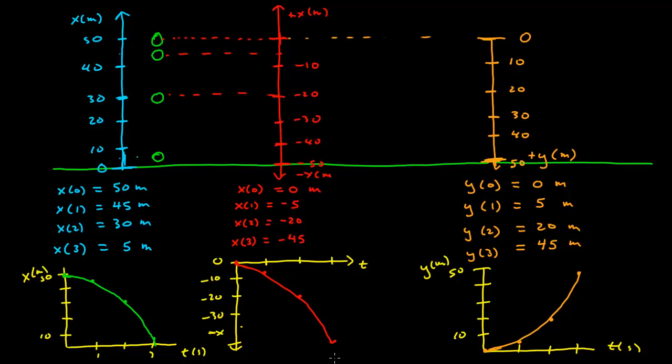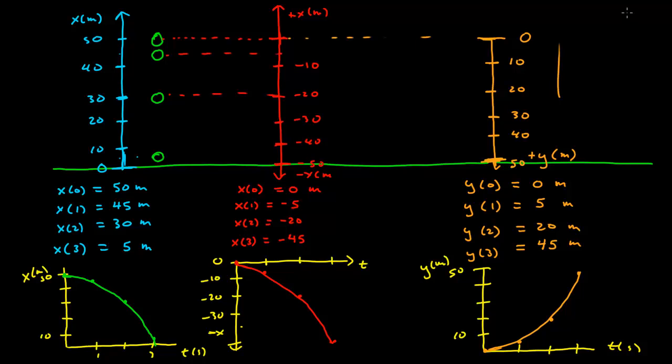A coordinate system is a way that we can take a picture of something and make quantitative information from it. It lets us translate from a pictorial, sort of schematic representation, to a tabular representation, a graphical representation, and eventually a mathematical representation. But to make those quantitative measurements, we need to have a coordinate system.